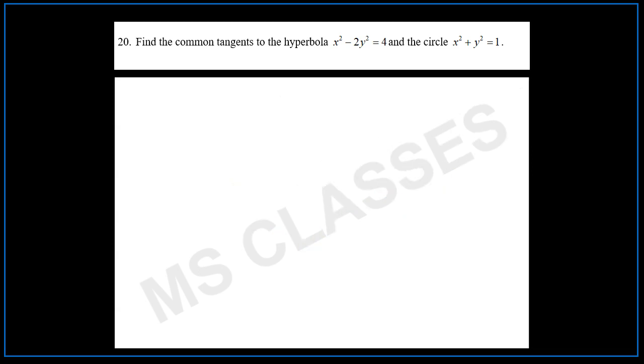So here we get the possible values of theta as pi by 4, 3 pi by 4, 5 pi by 4, and 7 pi by 4.